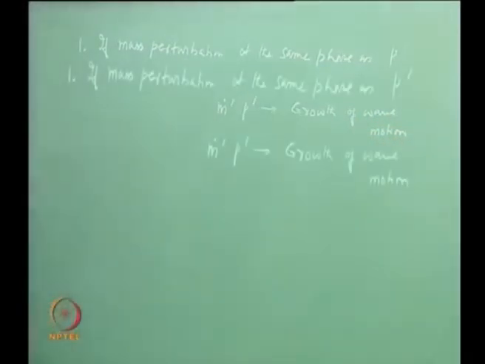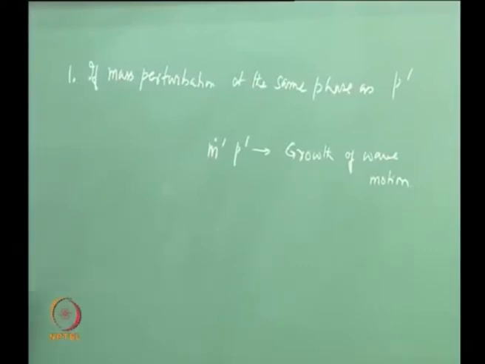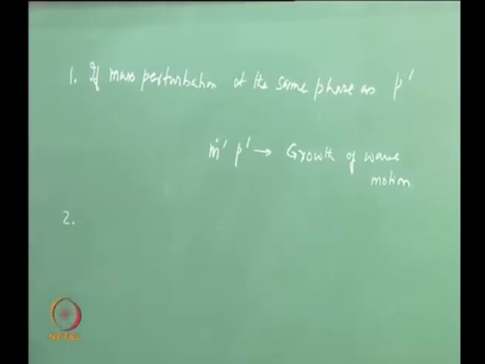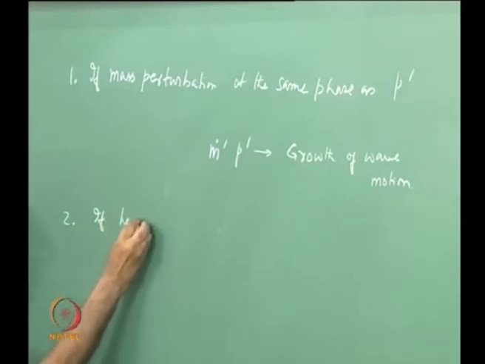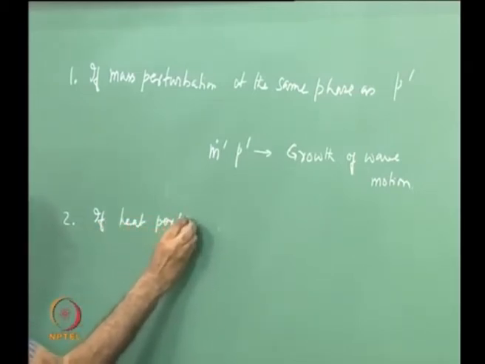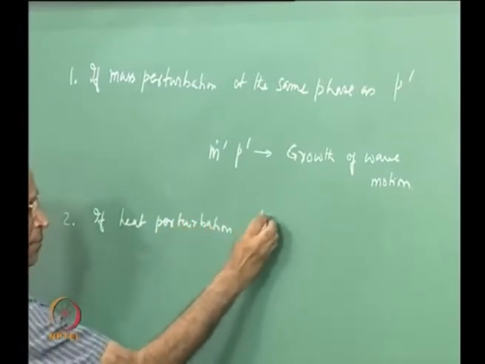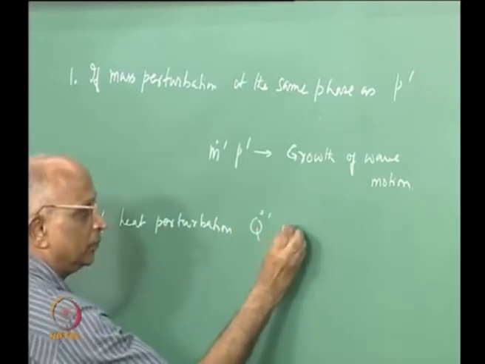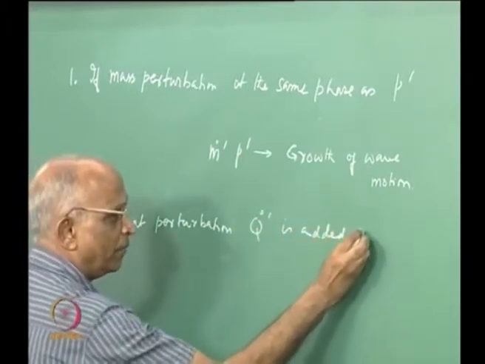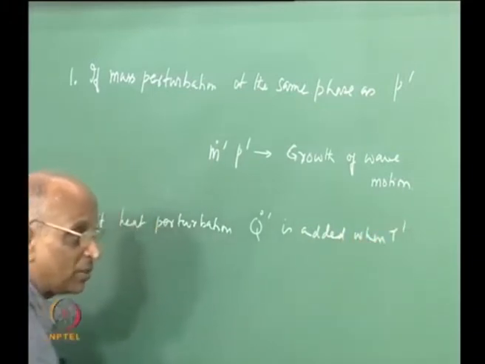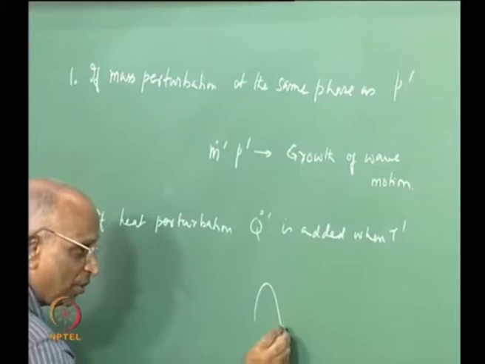Right. Instead of adding mass, the second point I consider is this: we considered velocity changes, we considered pressure changes. Whenever I have pressure changes, I could also have temperature changes. Therefore if heat could be added, a heat perturbation, let us say Q dot prime, is added when T prime is maximum, where I have a temperature fluctuation like this.